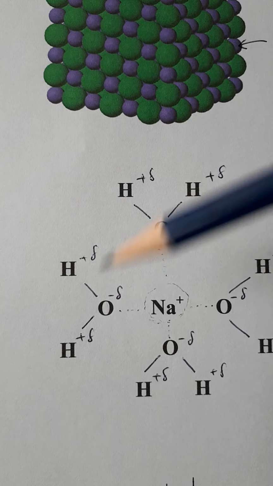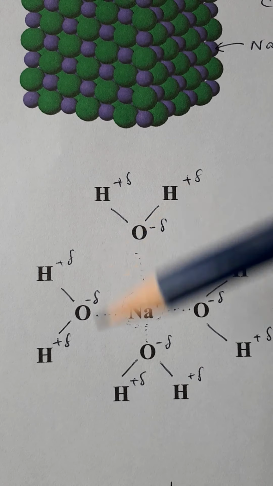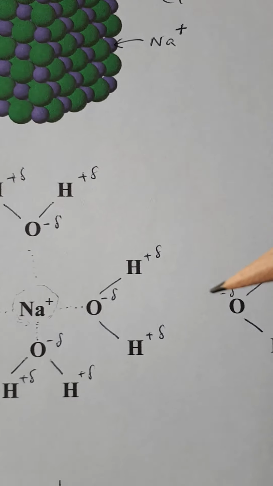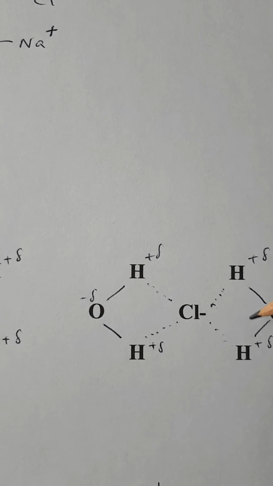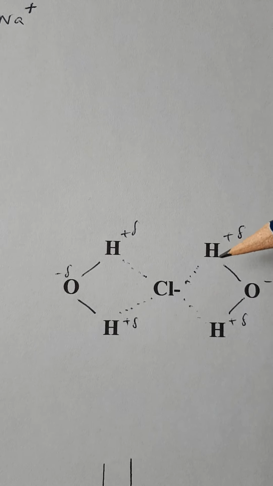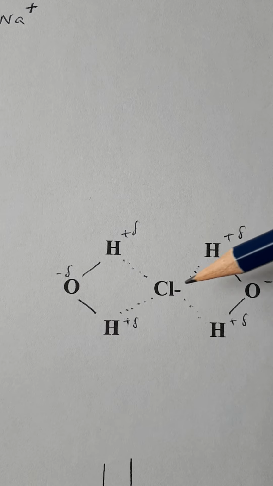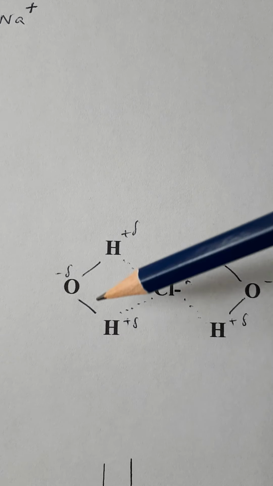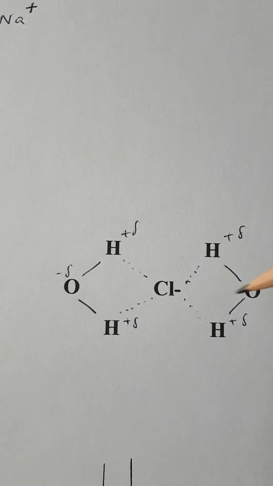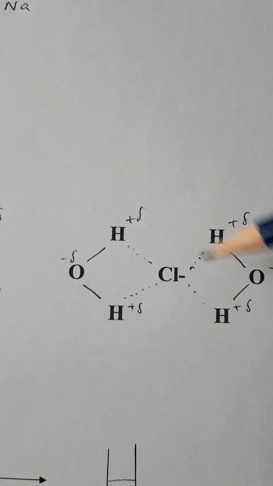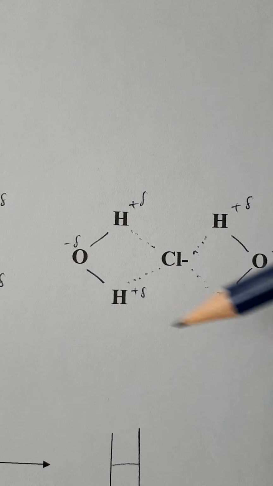This process is called solvation. Another set of water molecules will surround the chloride ion, but in this case the positive sides of the water molecules will be facing the negatively charged chloride ion. I have drawn only two molecules, but there will be several molecules sitting around the chloride ion.